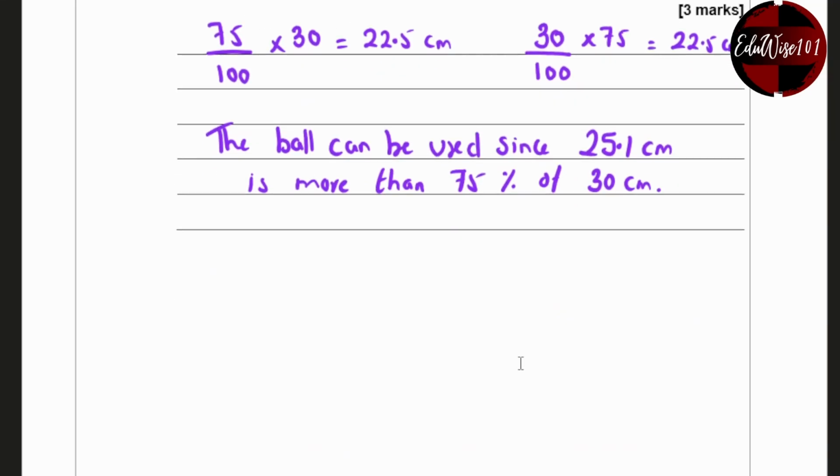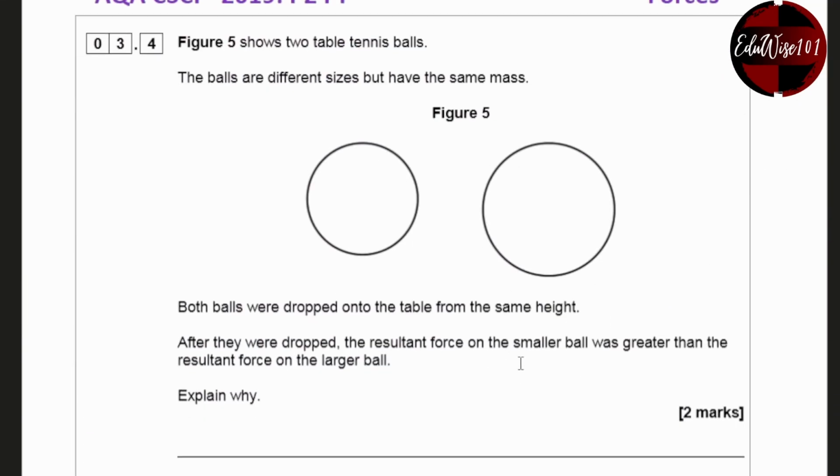Next question. Figure 5 shows two table tennis balls. The balls are different sizes but have the same mass. Both balls were dropped onto the table from the same height. After they were dropped, the resultant force on the smaller ball was greater than the resultant force on the larger ball.